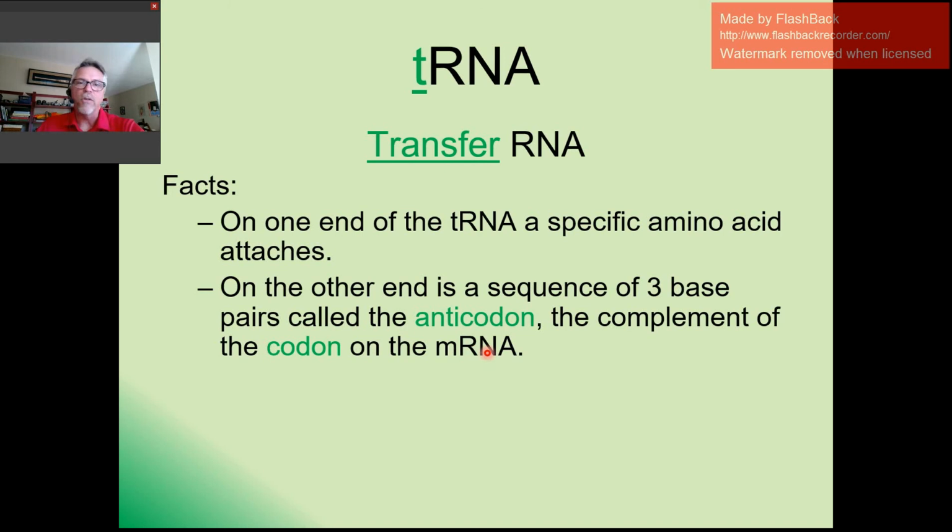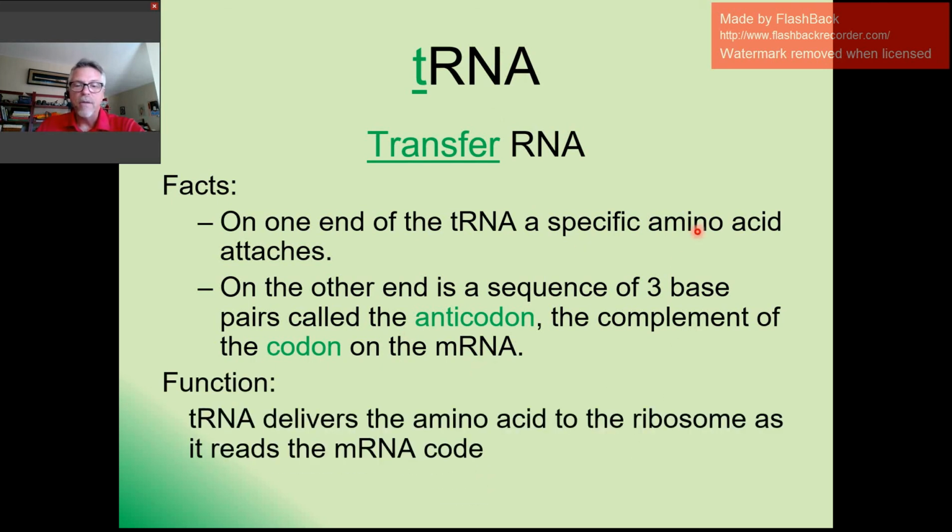Again, we're going to talk more about translation in a couple of days, but I have to introduce this now. So the function of tRNA is to deliver an amino acid to the ribosome so that the ribosome can make the protein that it's supposed to make. So tRNA is like a delivery vehicle, and it helps decode the recipe, the message that's in the messenger RNA.